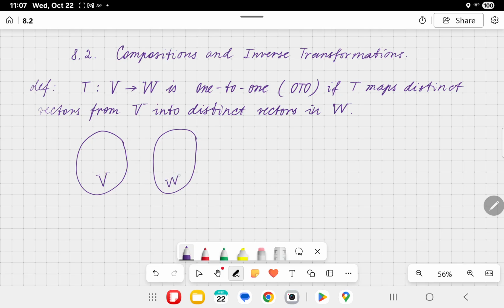For example, I'm going to draw the picture and then write down the formula. If you have vector 1 and vector 2, v1 and v2, then the transformation maps them into two different vectors, w1 and w2, and they are not equal to each other. So I'm going to write it down as a formula.